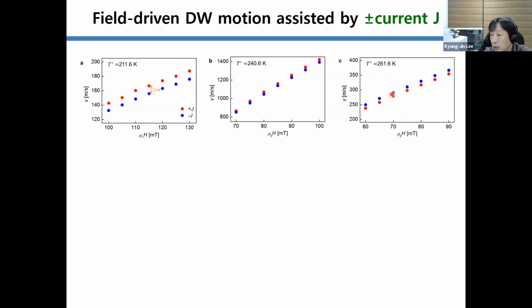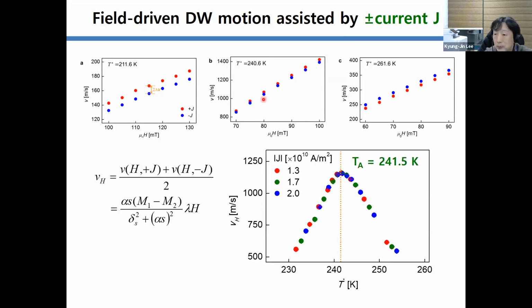At 260 K, blue one, the negative current shows a little bit higher velocity, and at 240 K, they are very similar. So we first add up these two velocities obtained from plus current and minus current, and we determine the TA, which is 241 Kelvin for this sample.